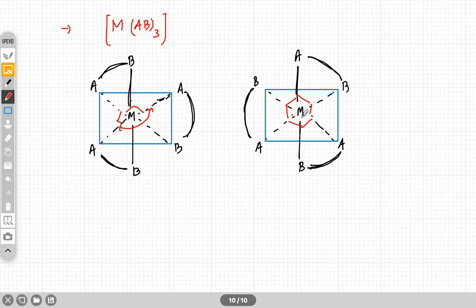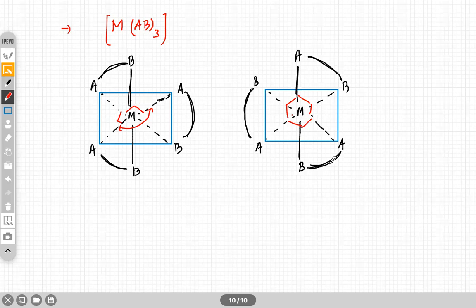It looks similar, but the relative position of A is different in the two molecules. So in fact, this one is A and A here. So these are two structures we have.